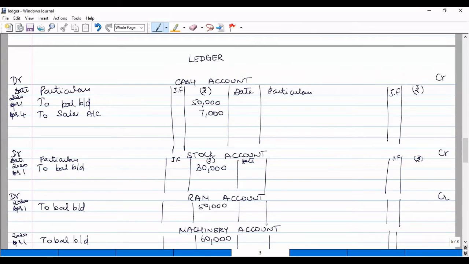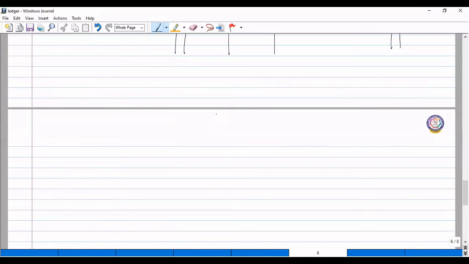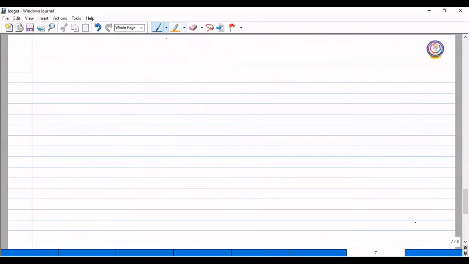Now the debit item has been posted in the respective ledger. Now we have to go to the credit item, which is sales account. Now come down and open a ledger for sales account. Okay. Then in sales account, we have credited sales account there, isn't it? So even here we have to credit the sales account.